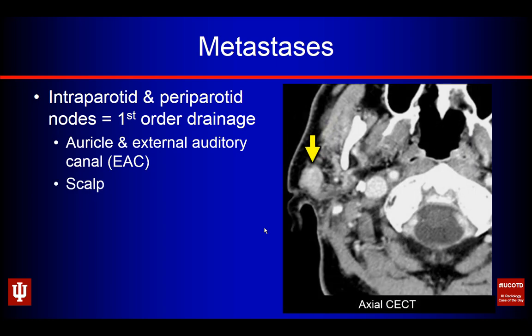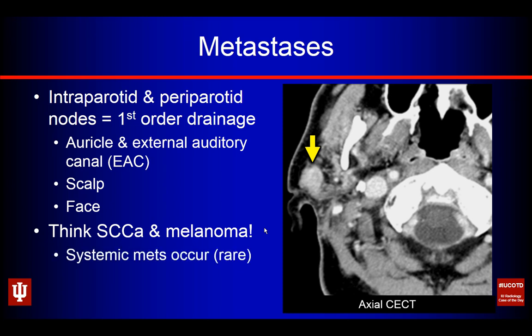But they're also the first order nodal drainage of the scalp and the face. So you need to be thinking about the possibility that an intraparotid mass is a metastatic nodal deposit from things like squamous cell carcinoma and melanoma of the face, the ear, or the scalp.